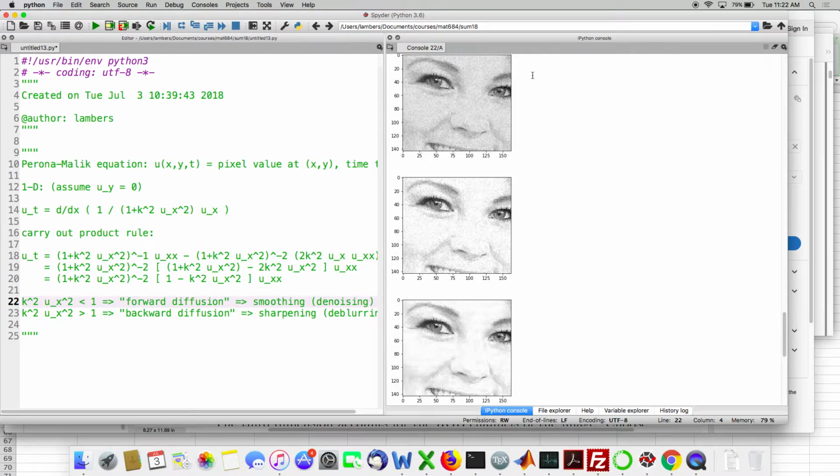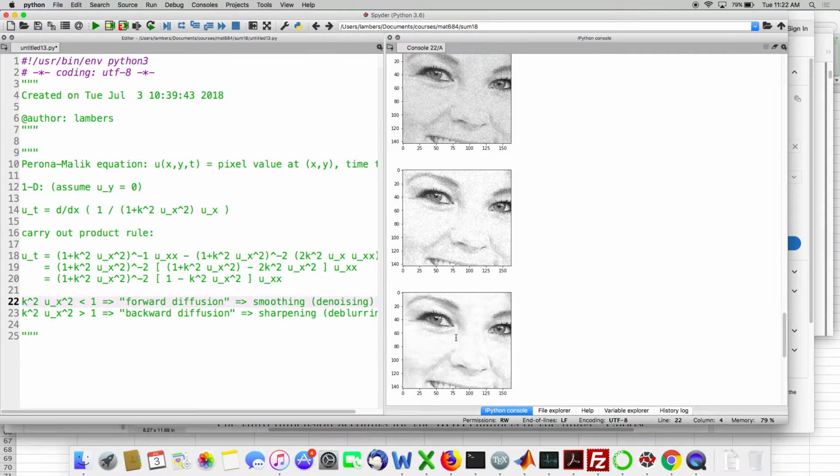This is the noisy image. This is the final result after taking the 10 time steps. And then this is the original image again. Based on the parameter value that I've chosen, you can see it's still pretty fuzzy. It didn't really do anything, and after I show you this again with different parameter values, I'll explain why.